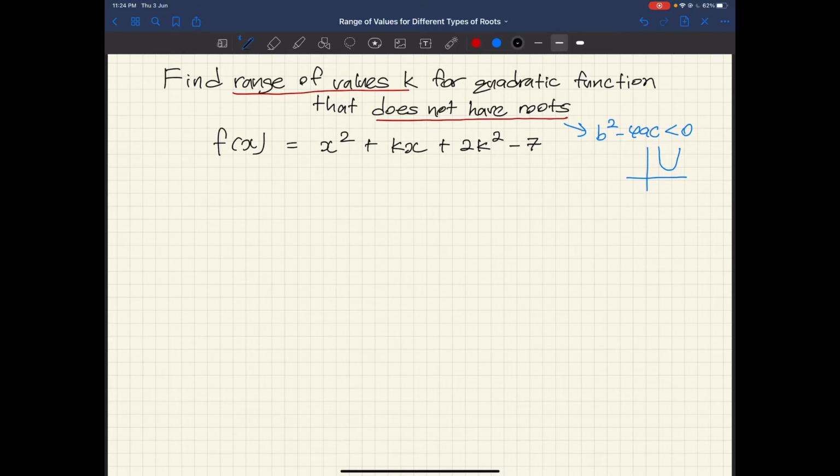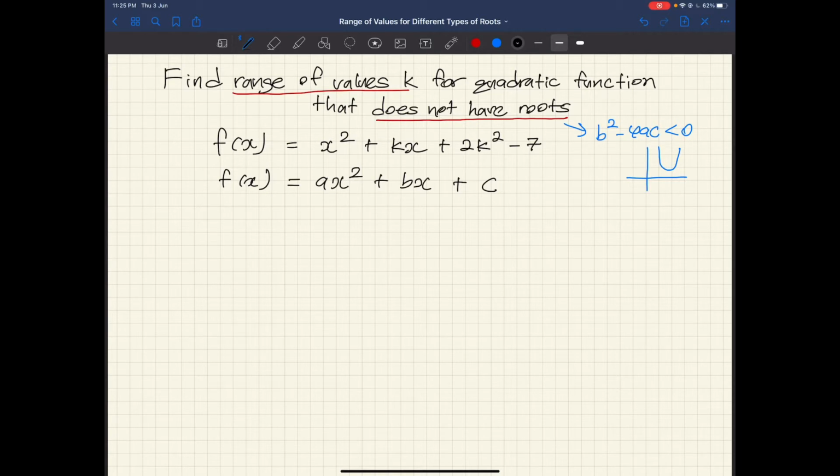In this case, first you have to make sure that the function written out here is represented in quadratic form, which is ax squared plus bx plus c. So in this case I don't have to do anything.